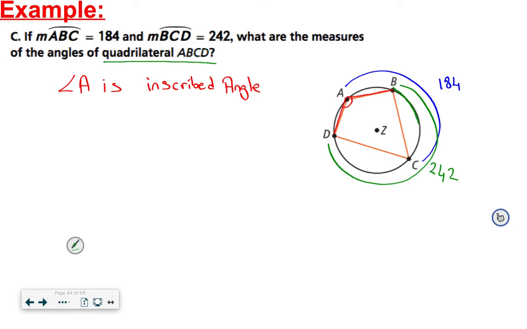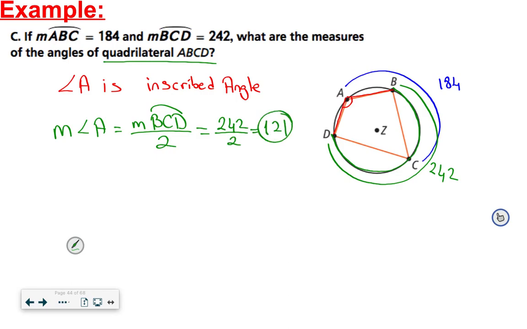This is the intercepted arc. And the measure of this intercepted arc is 242, which means that to be able to find the measure of angle A, we need to get half of arc BCD. We know the measure of arc BCD, 242 divided by 2, which is equal to 121. I found that this is 121.